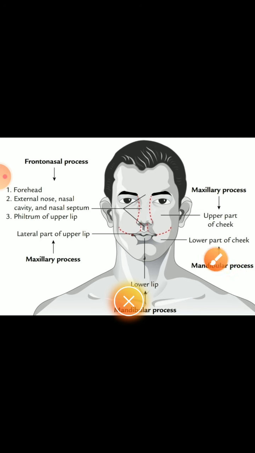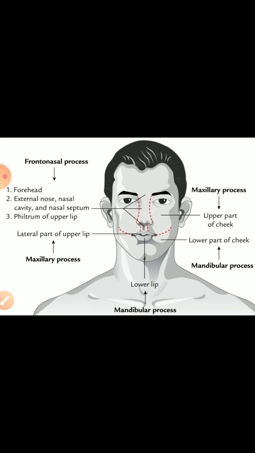To be clearer, you should know that the development of the face is by five swellings or five processes that are formed around the primitive mouth. It is also called the stomodeum. Which are the five processes?